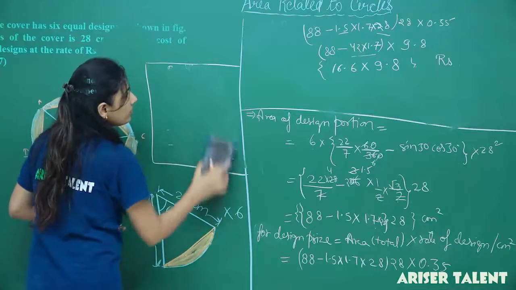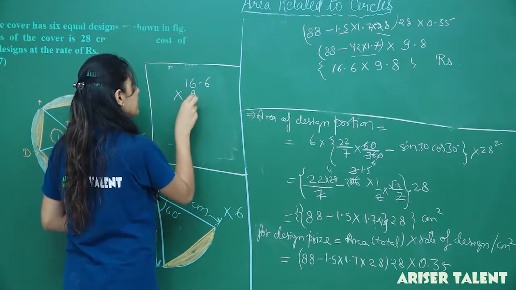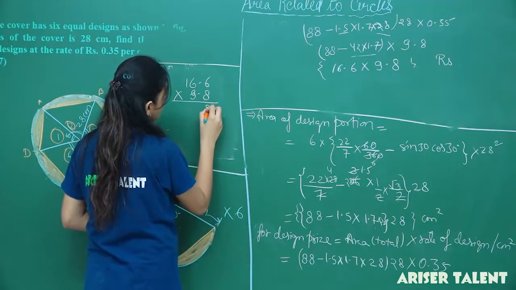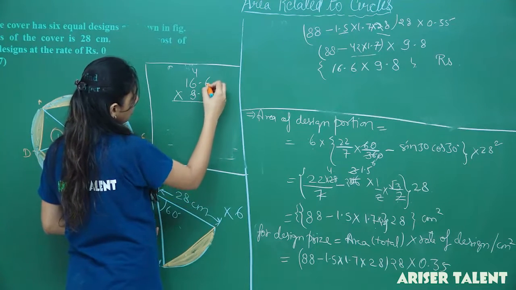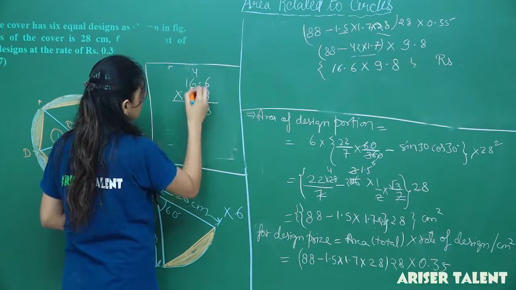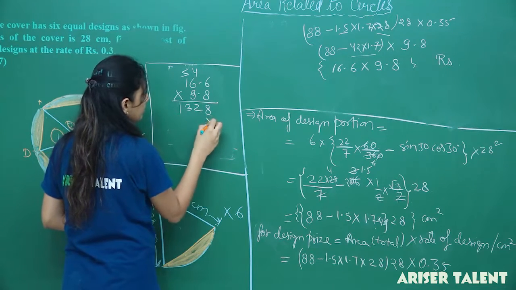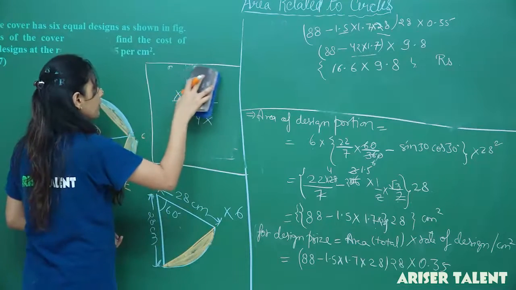Okay. So now the last, 16.8 multiplied by 9.8, that will be 164.64.